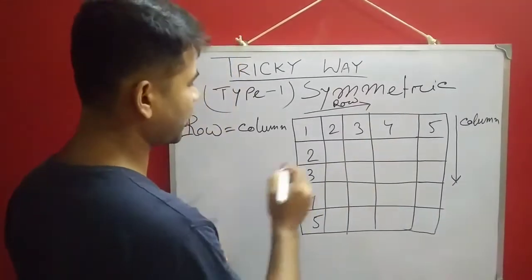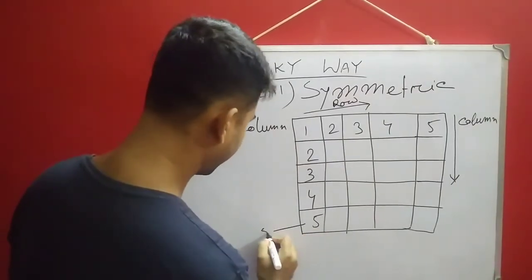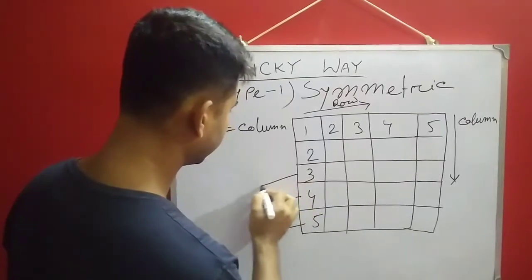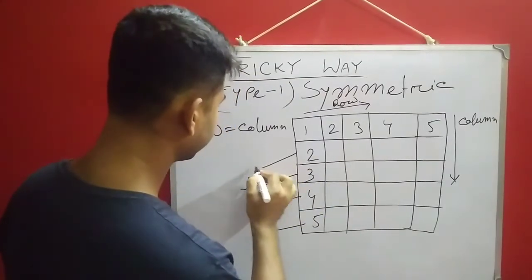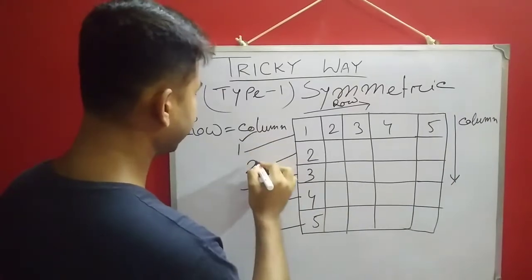So what is the process? The process is that you just square it: 5, 4, 3, 2 and 1. Just square it.